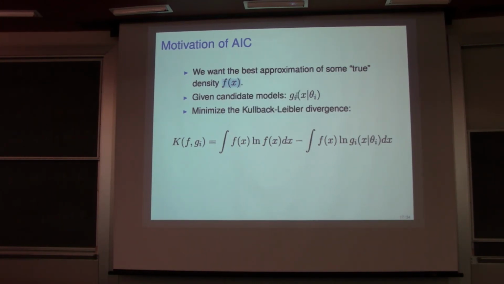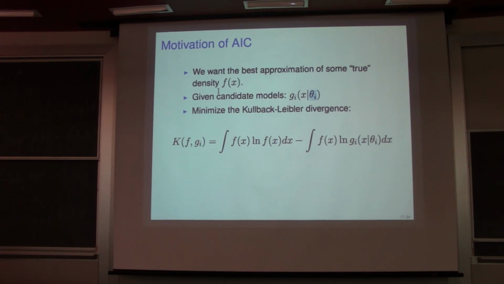What we have are a bunch of models which are really probability densities, our m sub i's. They are probability densities of our random variable x, and they have some parameters theta i. So we have some parameterized classes of densities that are trying to represent the unknown f of x.